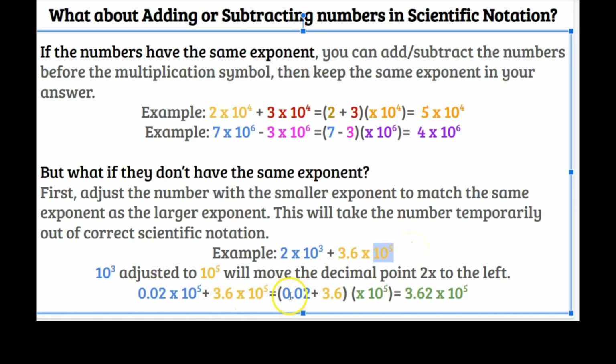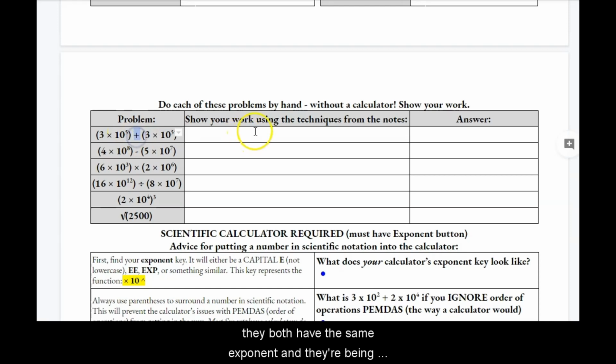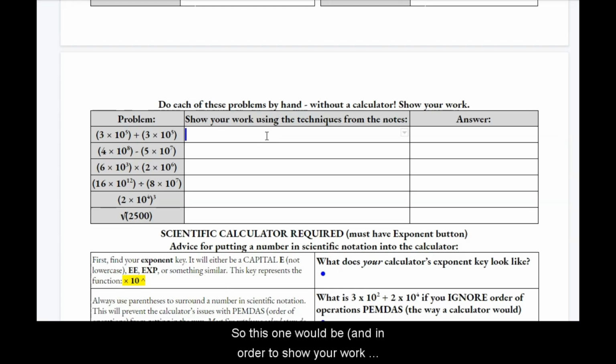and then you can add them together. So let's take a look at the worksheet and look at the example that's in there. This first one, they both have the same exponent and they're being added together. So luckily, we just have to add the numbers that are in front together. In order to show your work, you've got to type it out.